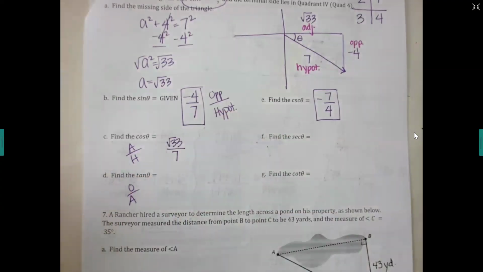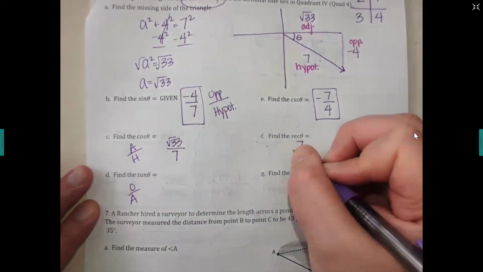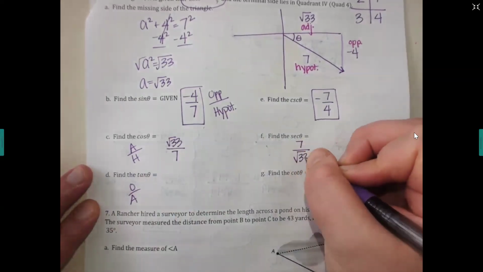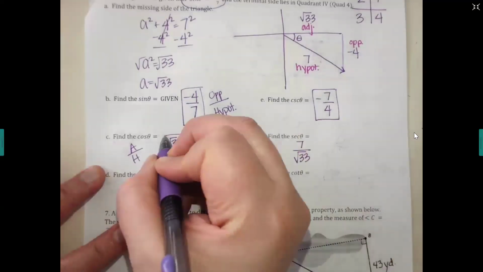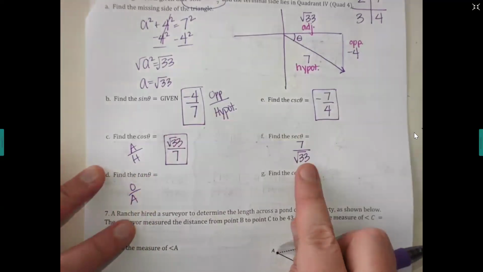Oh, well, actually make sure the hypotenuse can never be negative. The X and the Y can be negative, not the hypotenuse. And then when I flip that for secant, it'll be 7/√33. Now, out of those two choices, first or second, which one am I going to have to fix? Second one has the square root on the bottom. So this one's good to go, but this one I'm going to have to come back and fix.